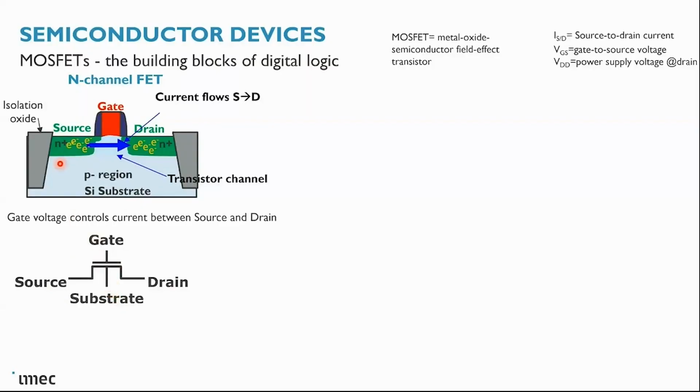It has three main parts: the source, the drain, and the gate. I will describe here the N-channel FET for simplicity. Source and drain can be seen as reservoirs of electrons. When we apply a gate voltage, we create a channel between source and drain, and in this channel, electrons can flow.